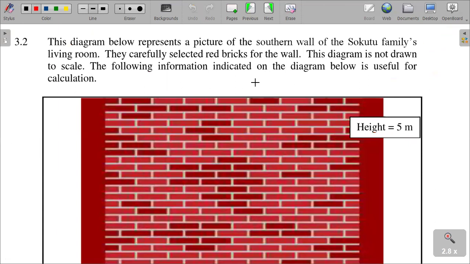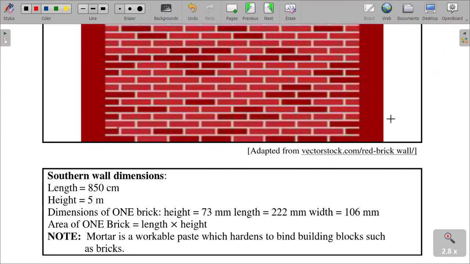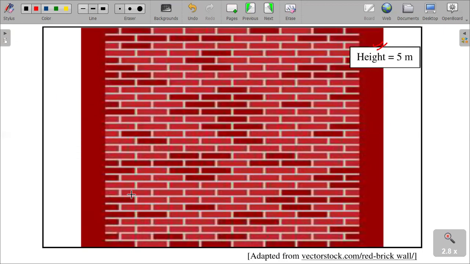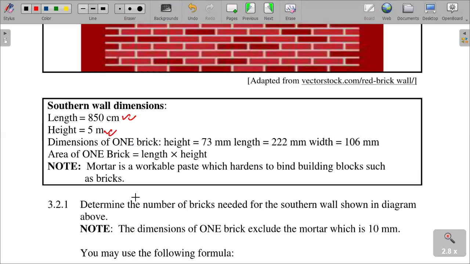The diagram represents a picture of a southern wall of the Sukutu family's living room. They carefully selected red bricks for the wall. This diagram is not drawn to scale. The following information indicated on the diagram below is useful for calculation. Given the dimensions of the southern wall, length is 30, height is 5 meters, which is the same as the one given there.